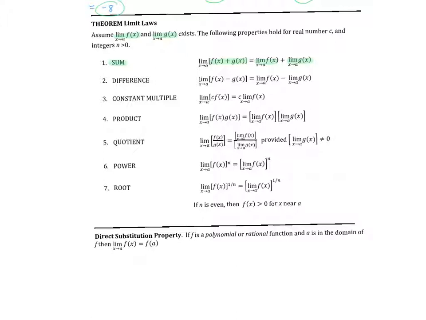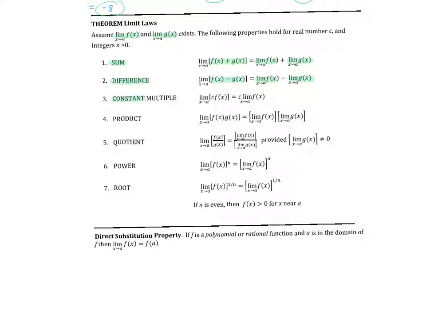Combine the functions first, then take the limit, or take the limits and then combine. So if we're subtracting the two functions, we can do the subtraction of the functions first and then take the limit, or break it up, do the limits first and then the subtraction.